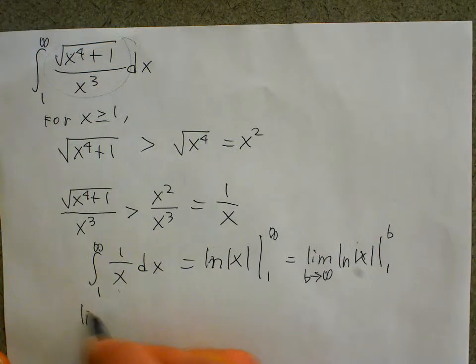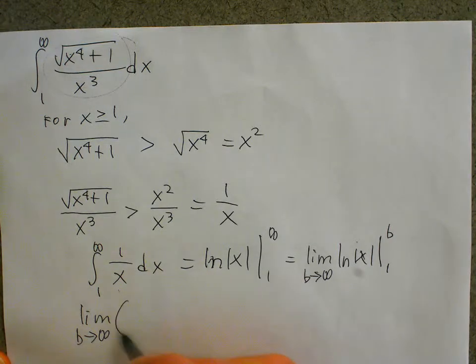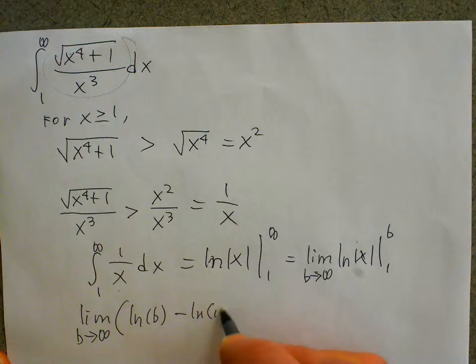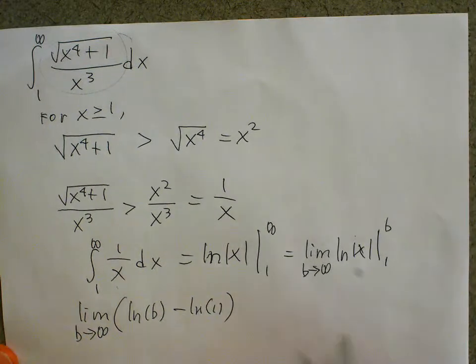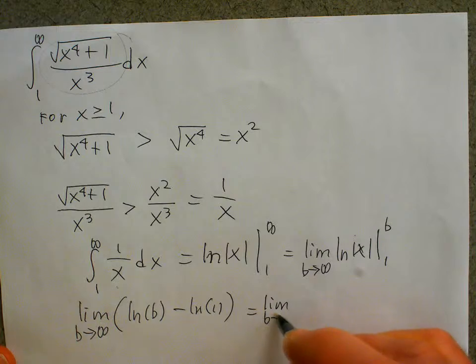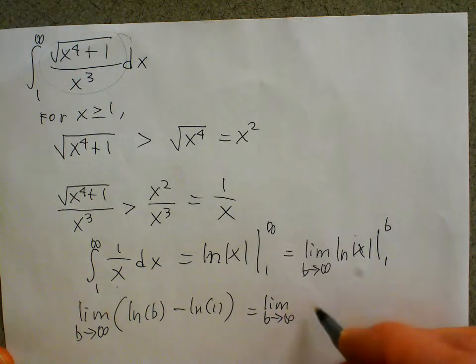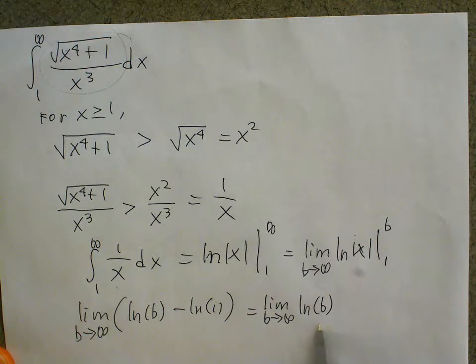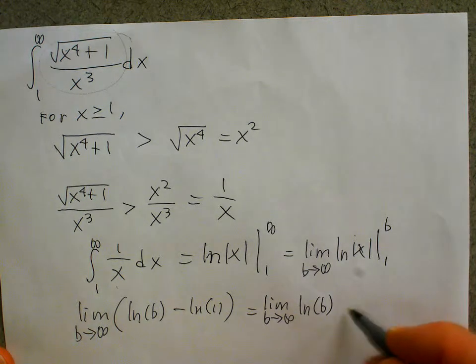So the limit as b approaches infinity of the natural log of b minus the natural log of 1. The natural log of 1 is 0. So we get the limit as b approaches infinity of the natural log of b. The natural log of b goes to infinity as b goes to infinity. So this goes to infinity.